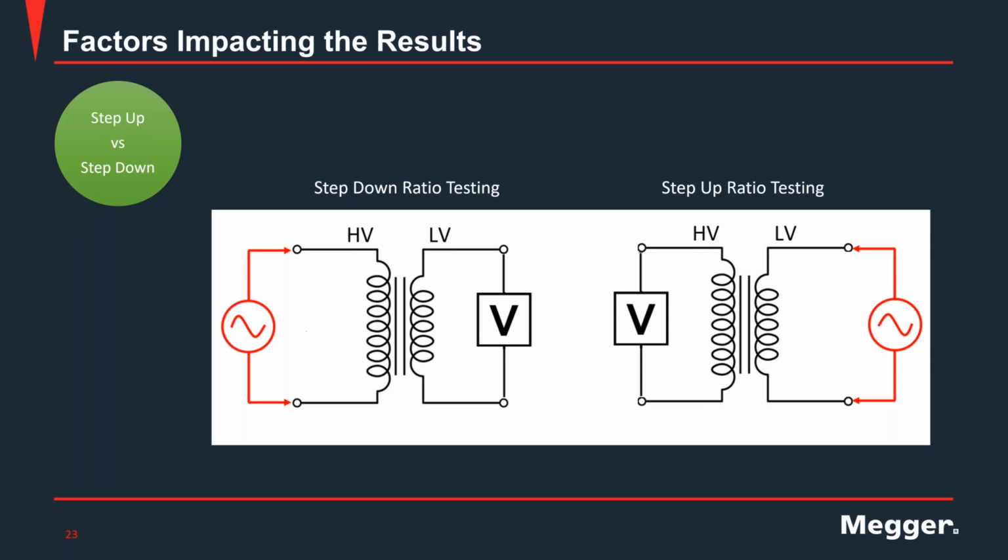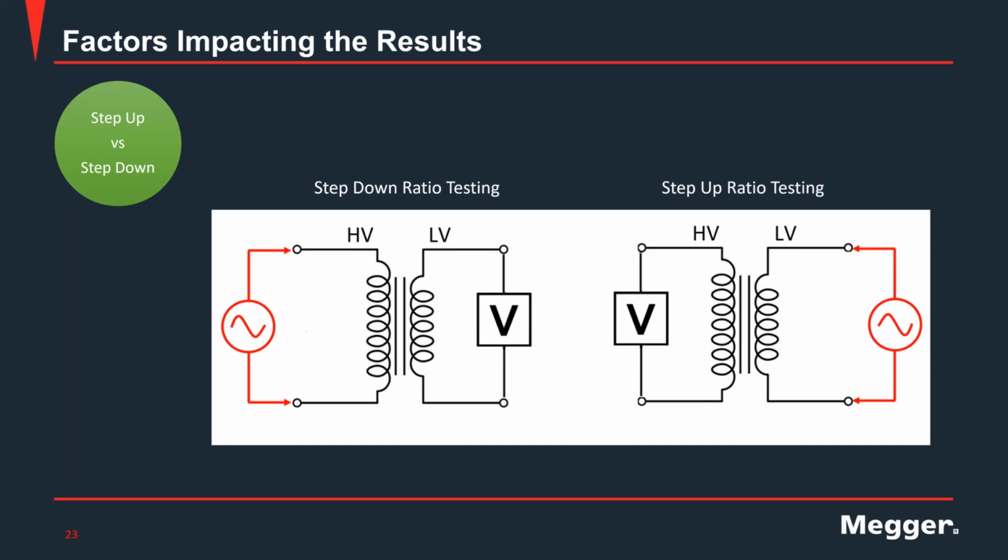So when I apply voltage on my low voltage winding, or a winding that is closer to the core, the mutual flux, the coupling coefficient, will be better than if I apply voltage on the high voltage side, which is further from the core, as I have more space for insulation and cooling.